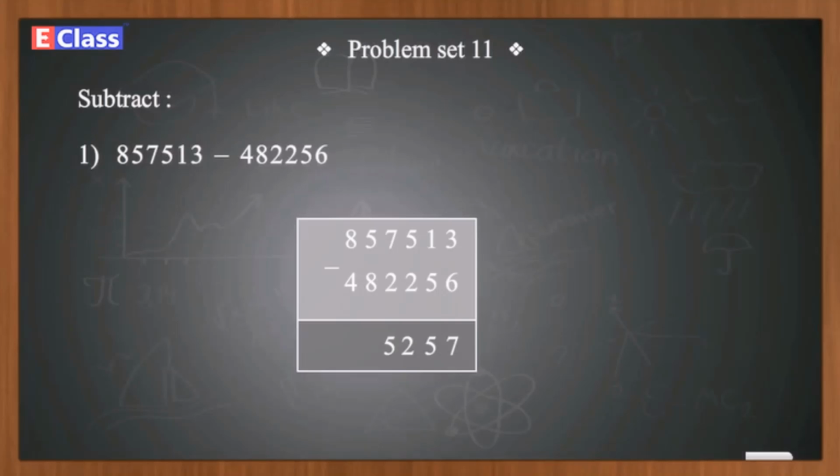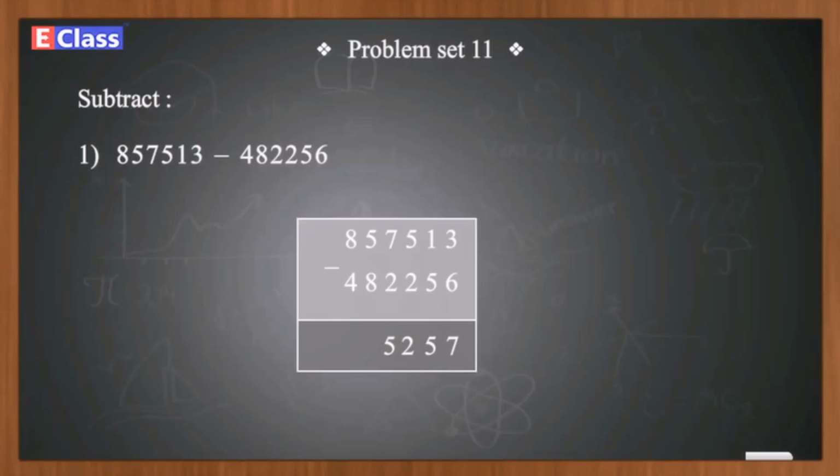Now, we subtract the 10,000s place. There are 5 10,000s at the 10,000s place. We cannot subtract 8 10,000s from 5 10,000s. Therefore, we shall borrow 1 lakh from 8 lakhs of the lakhs place. After borrowing 1 lakh from 8 lakhs of the lakhs place, 7 lakhs will remain at the lakhs place.